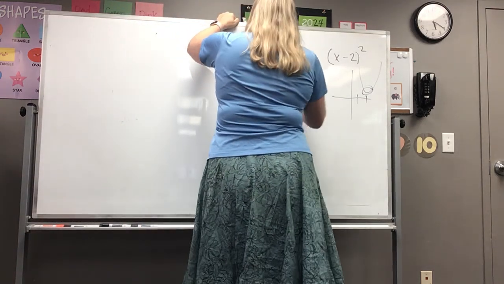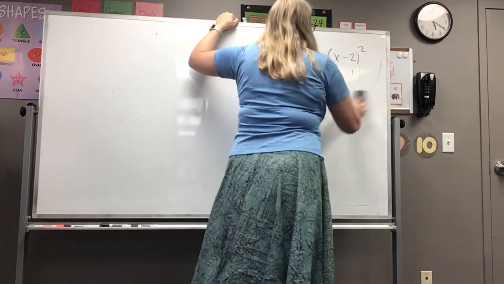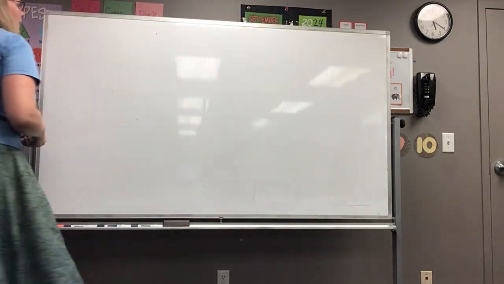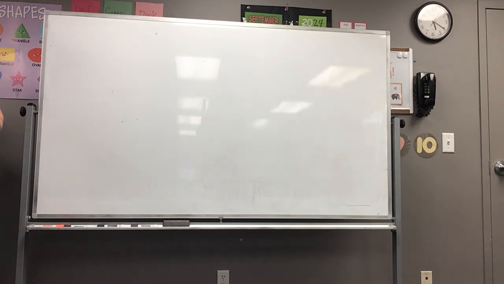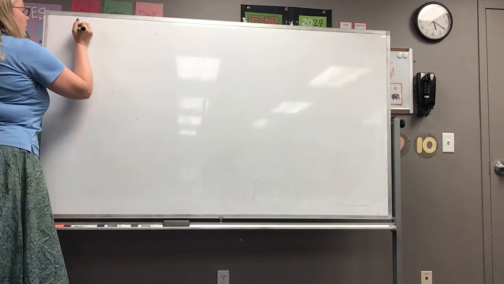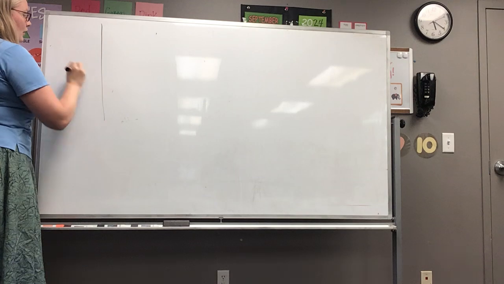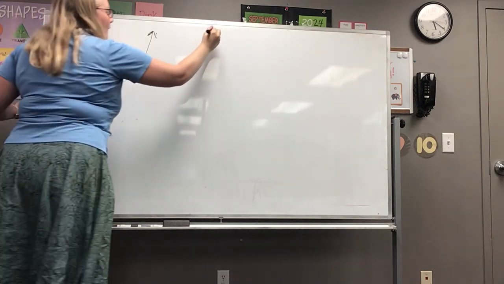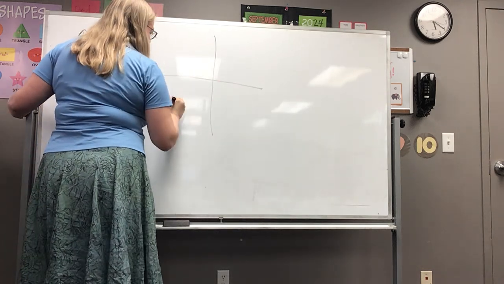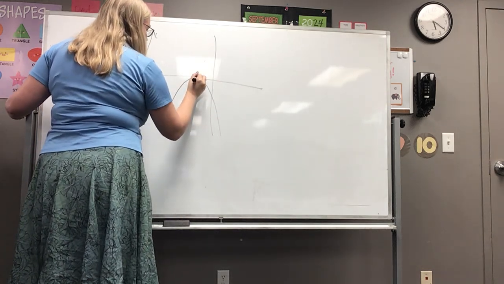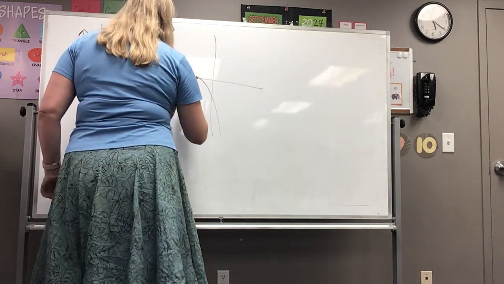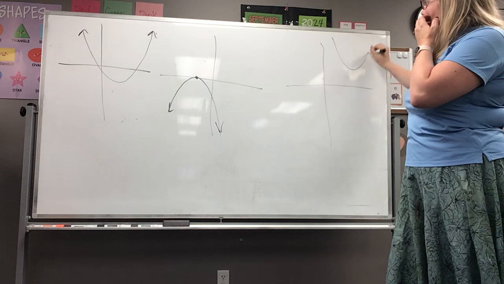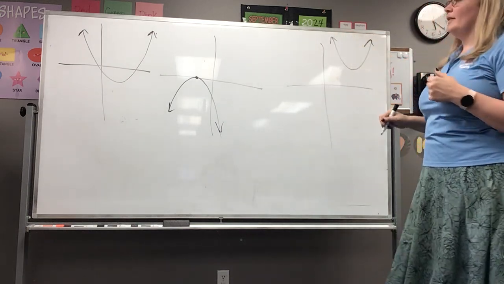But we're going to go back to the beginning. Quadratics can fall into 3 categories. The 3 categories look like this, look like this, will look like this.